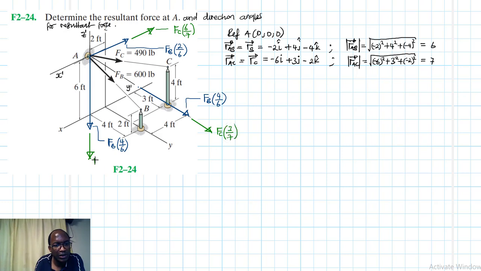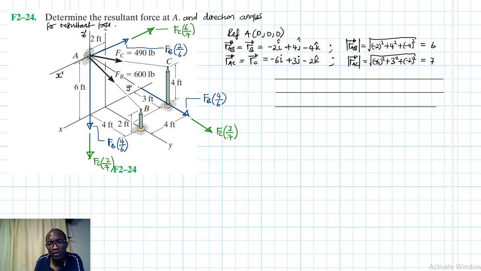Then this one is just FC by, that's a 6 minus 4, which is a 2 divided by a 7. Okay, so let's draw up a table so that we can fill in all this information.